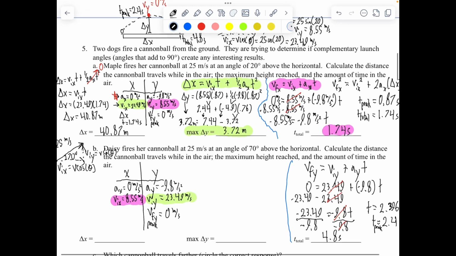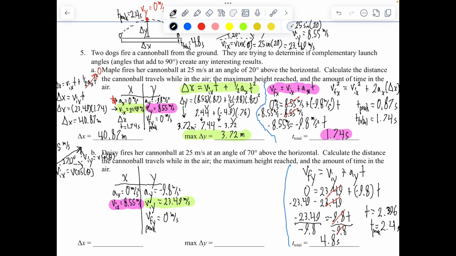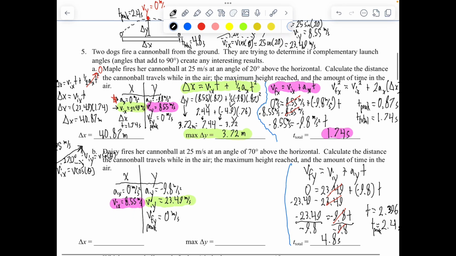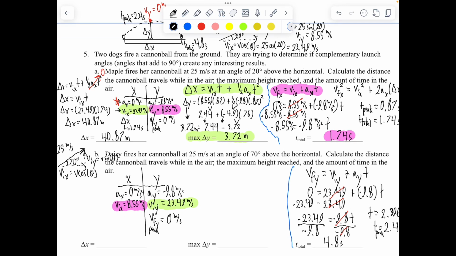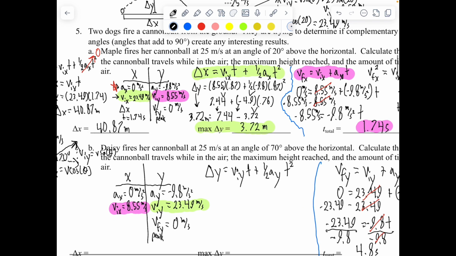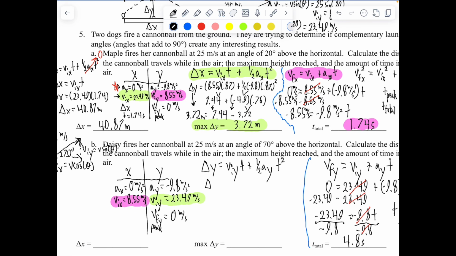We want to use that equation we highlighted in green, and be very careful. We want to use the time at the peak. So let's say our delta y is equal to our initial velocity in the y times our time plus 1/2 acceleration in the y times time squared. Delta y is what we're solving for.